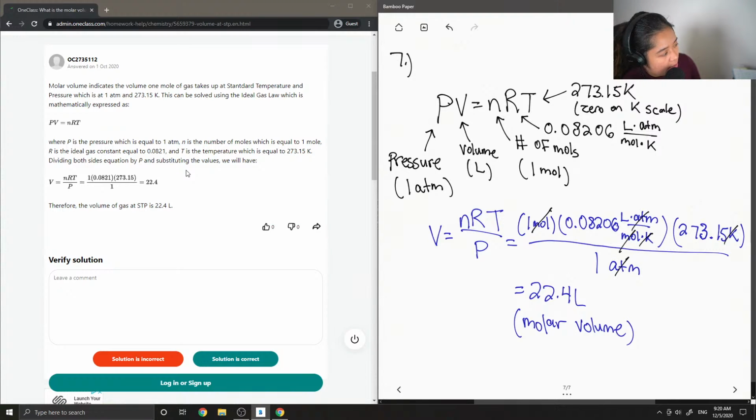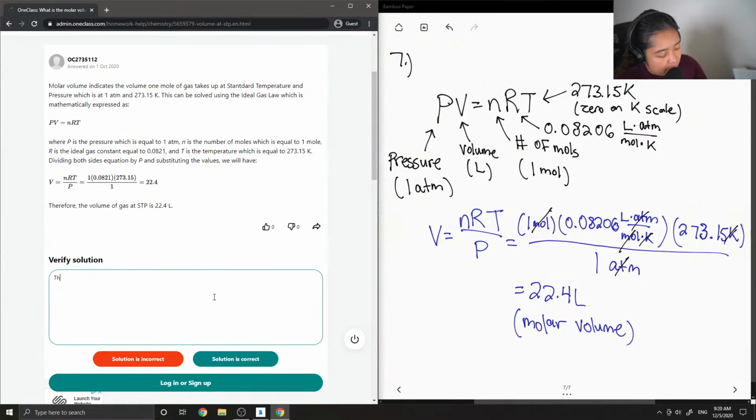Dividing both sides by pressure and substituting the values, we have 22.4. Therefore, the volume of gas at standard temperature and pressure is 22.4 liters. Yep, so this solution is correct.